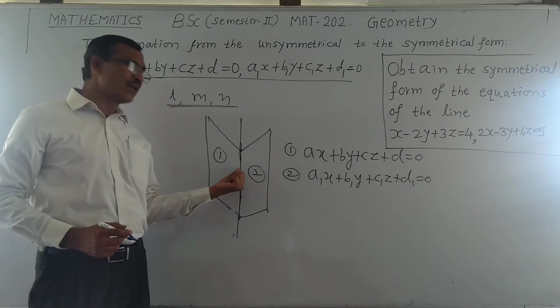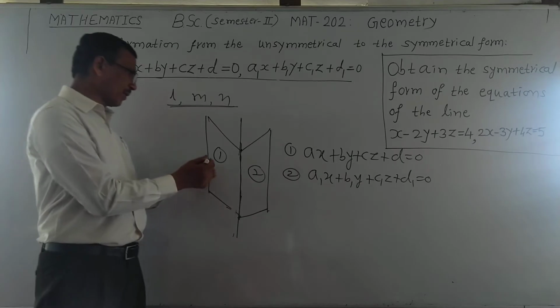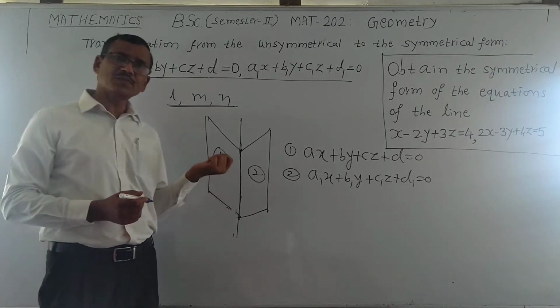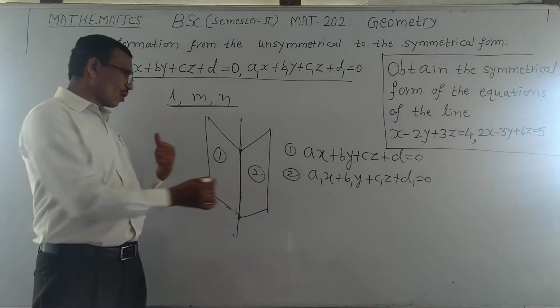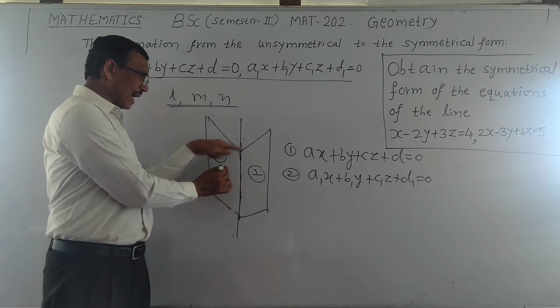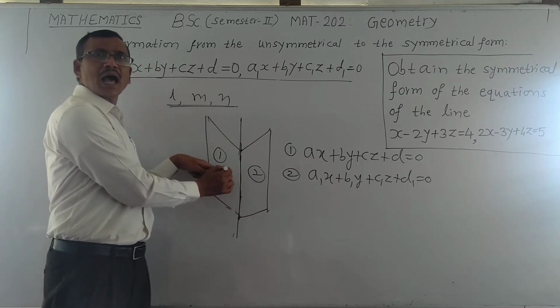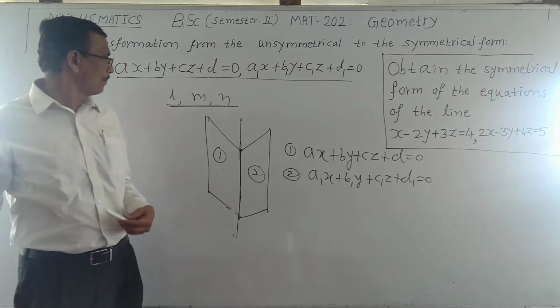As the line lies in both the planes, it is perpendicular to the normal to these planes. Normal means a line which is perpendicular to the plane. As a normal is perpendicular to the plane and this line lies inside the plane, this line is also perpendicular to the normals to both the planes.